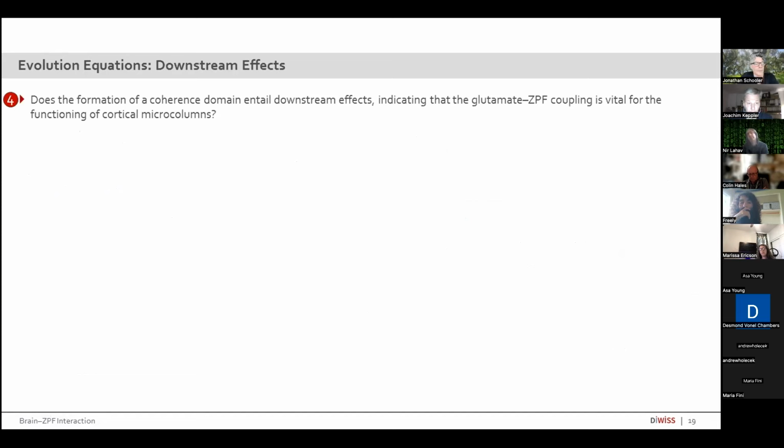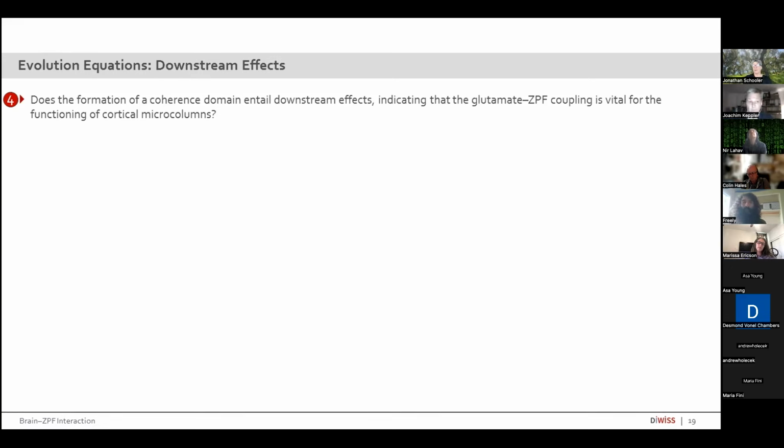Finally, the question was, does the formation of a coherence domain, so the main point seems to be the formation of a coherence domain, the whole setup is designed in such a way, the design of a cortical microcolumn seems to be designed so that a coherence domain is formed.